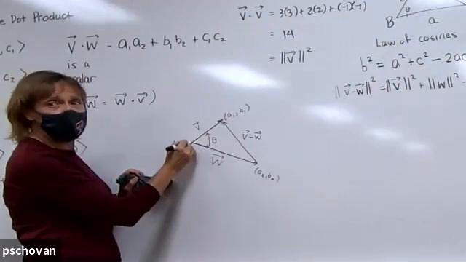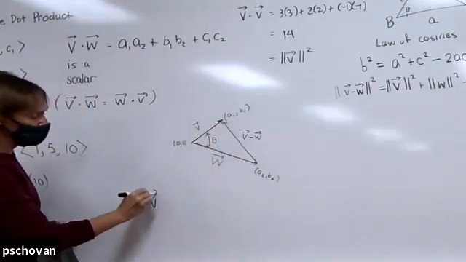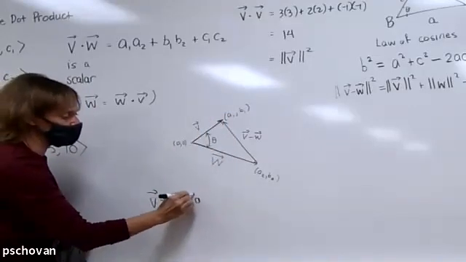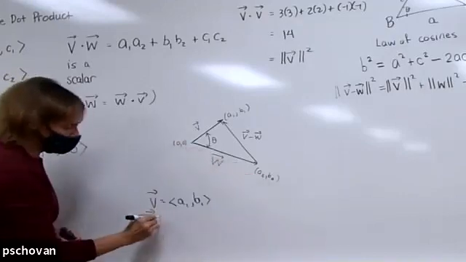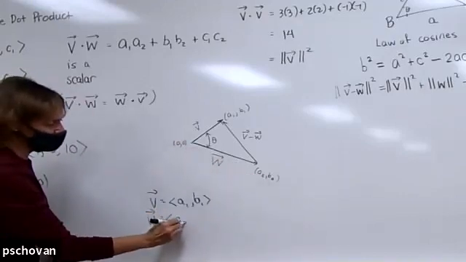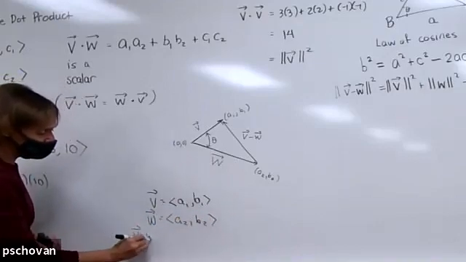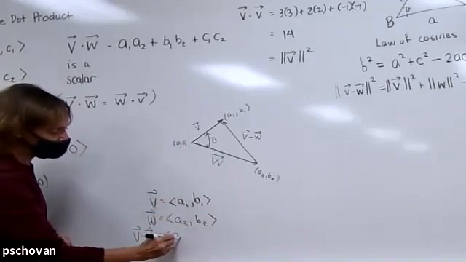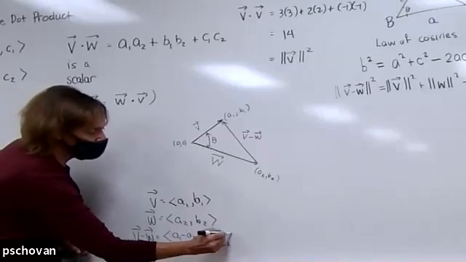If my vectors are position vectors from the origin, then vector V just has those coordinates as its components, and vector W has those coordinates as its components. And so vector V minus W looks like A1 minus A2, comma, B1 minus B2.